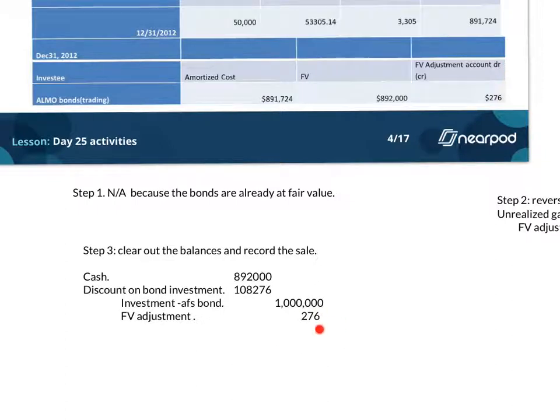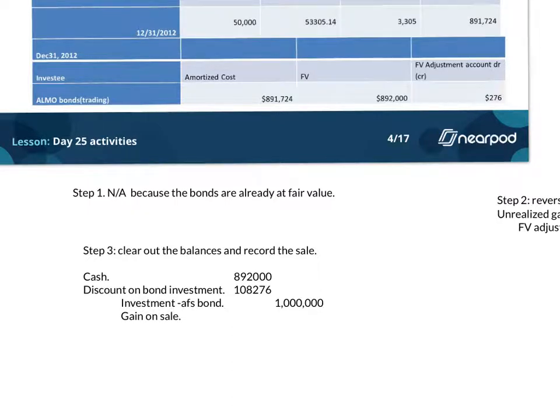All right, so then what would be different if it had been held to maturity? If it had been held to maturity, you wouldn't have had a fair value adjustment account. So this bottom line would be gain on sale.